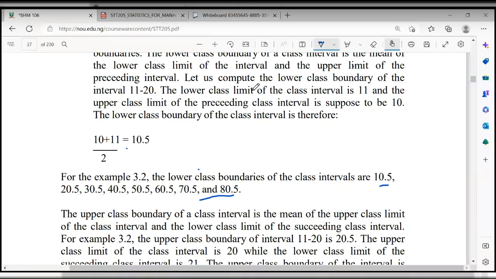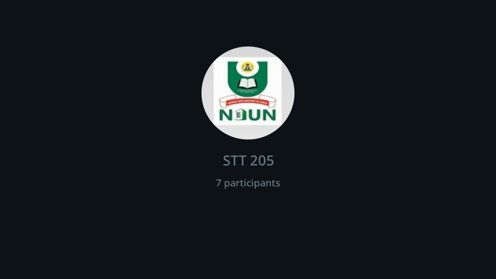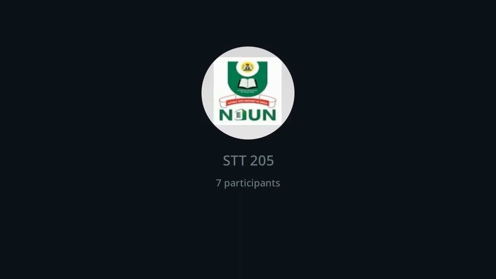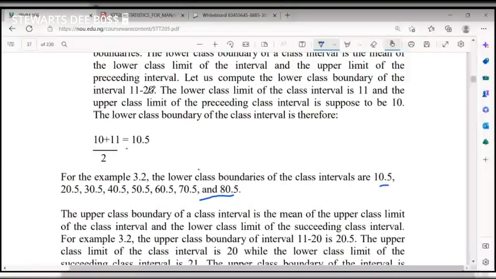The lower class limit of this class interval is 11. So you pick it and then add it to the upper class limit of the preceding interval. The preceding means the interval before it. I asked if we were to have an interval before this, looking at the pattern they followed, and somebody answered it will be 1 to 10.